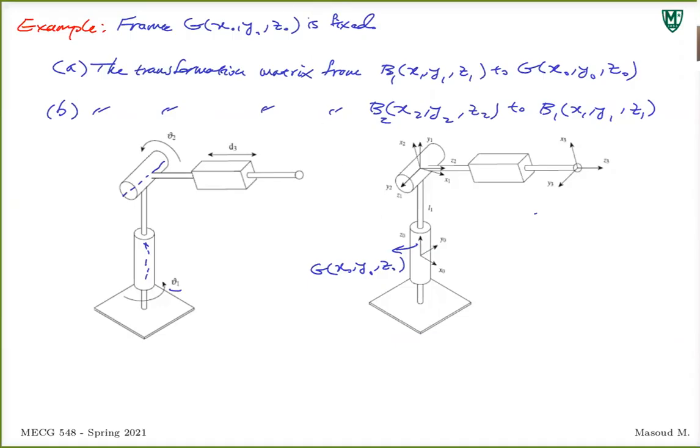So currently what we're looking at here is x naught, y naught, z naught for part A. I want to find the transformation to x1, y1, z1. Forget about everything else that you see in this frame for now.